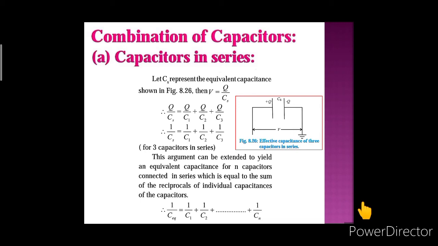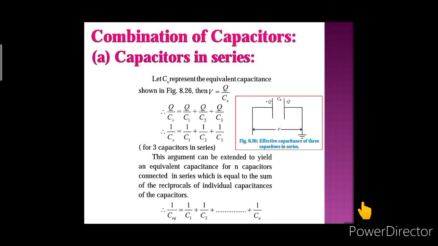In the same manner, we can determine an equivalent capacitance for n capacitors connected in series, which is equal to the sum of the reciprocals of the individual capacitances of the capacitors.